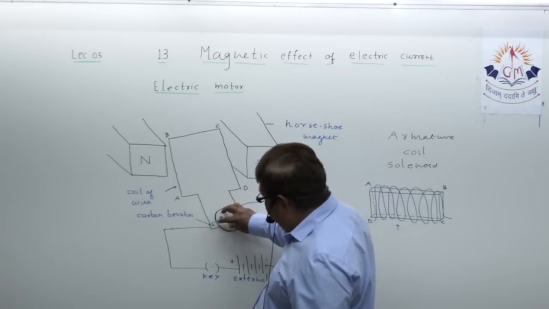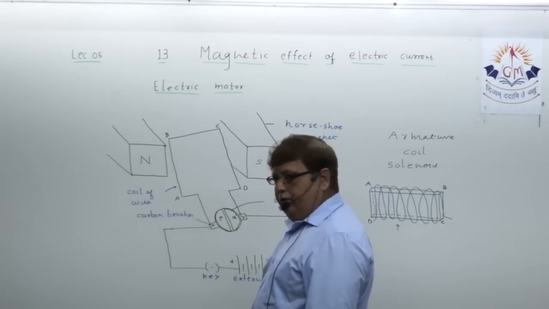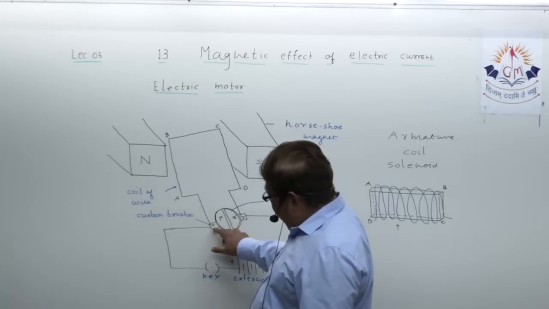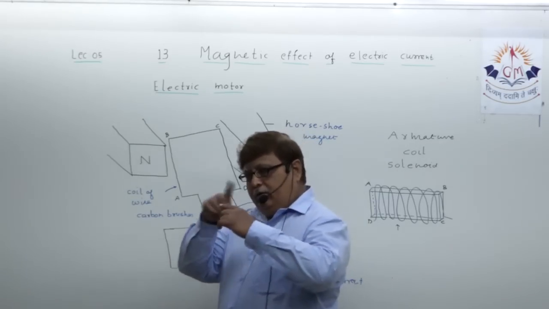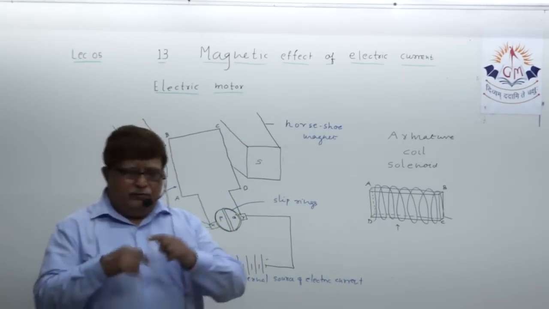Because the slip ring rotates, the coil can also rotate, you understood. But this slip ring is going to remain in constant sliding contact with the carbon brushes like this in a cycle.